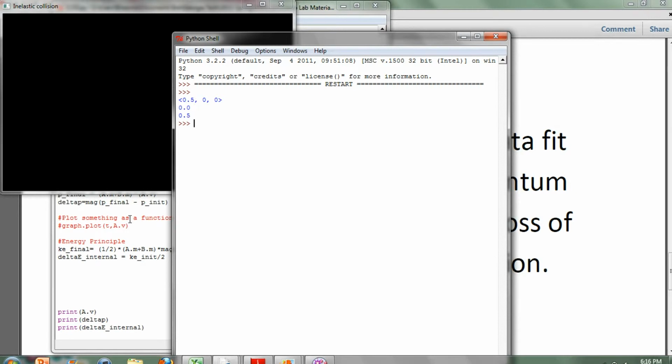Second, I printed the change in momentum, so there's no change, and then I printed the change in internal energy, which is 0.5. So there was a loss, and I used the equation of the final kinetic energy of the two minus the kinetic energy of the initial.